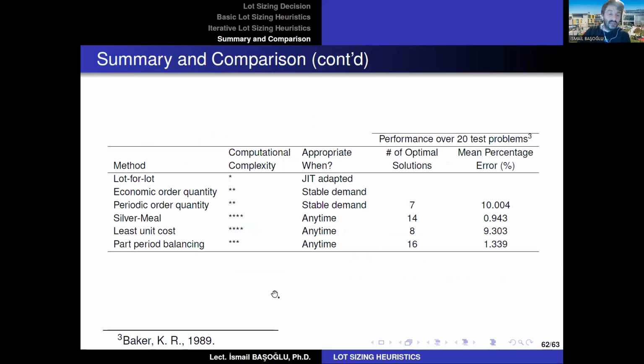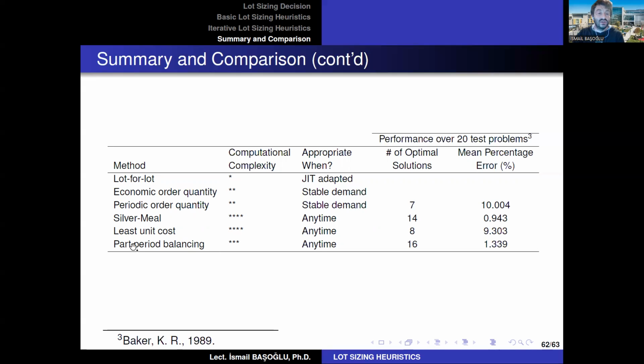Now, there is a paper published in 1989 in which we can compare the last four heuristic methods, the lot sizing heuristics that we have mentioned. Now, we should say that the computational complexity of the silver meal and the least unit cost heuristics are the largest. Lot for lot, economic order quantity, and periodic order quantity approaches are not too complex to implement, and part period balancing resides somewhere between the complex heuristics and the simple heuristics here.